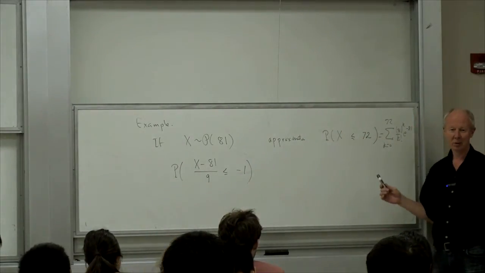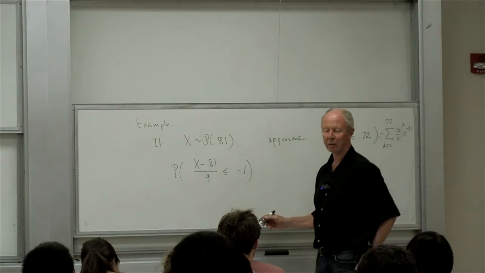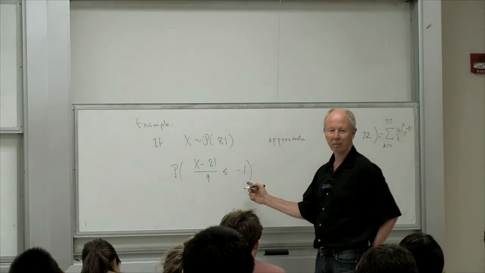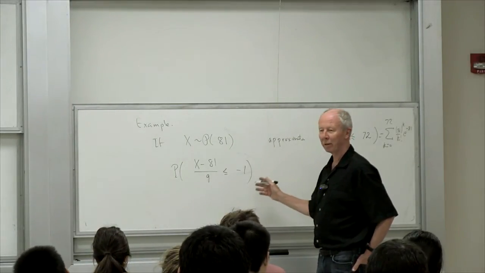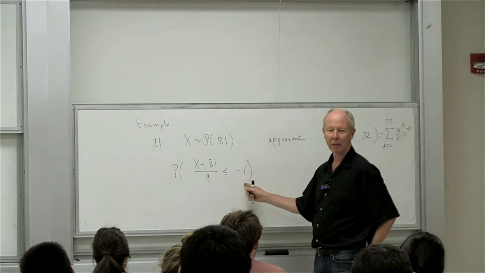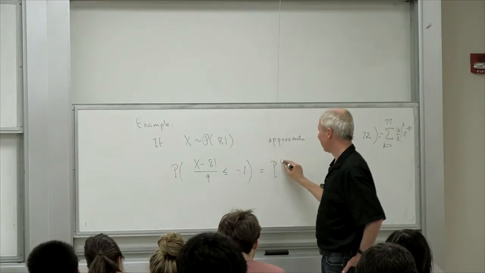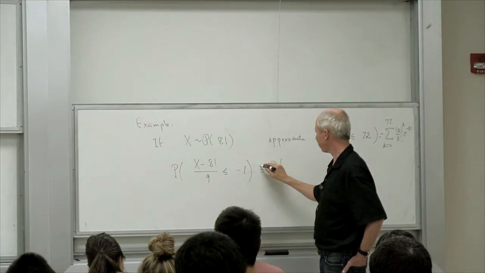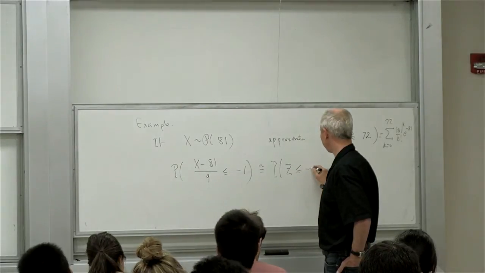Okay. So this is about like the probability of normal is less than or equal to -1. And does the table have entries like this? No. It has probabilities that you're less than or equal to a positive number, so you have to convert this to a probability of that form. Now, if it's normal, so this is approximately the same as the probability that a normal is less than or equal to -1.